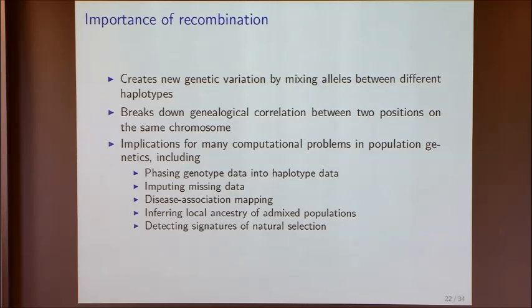You'd also like to use these recombination maps to impute or figure out what the missing variations are at different positions. Maybe you have information about the adjacent nucleotides, but you don't have information about this nucleotide, maybe due to sequencing error or other problems.